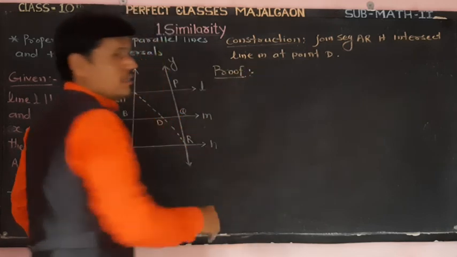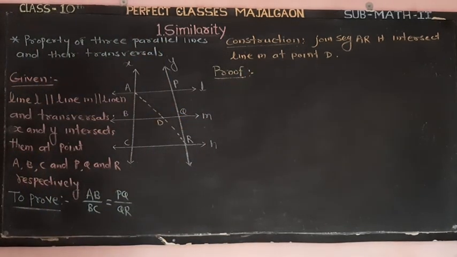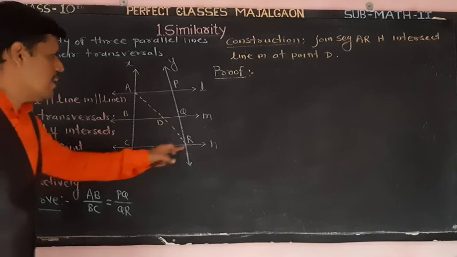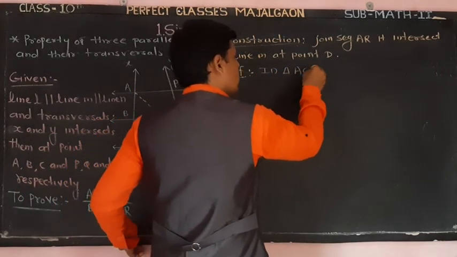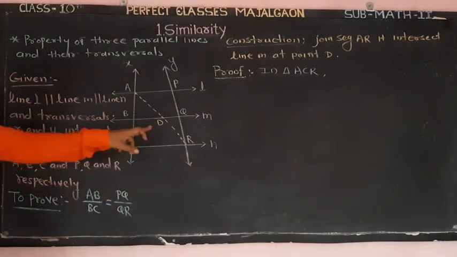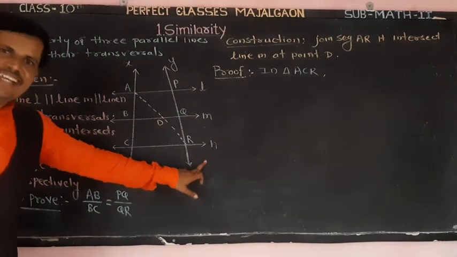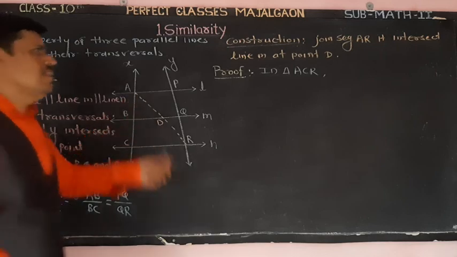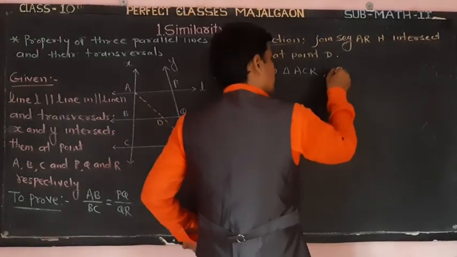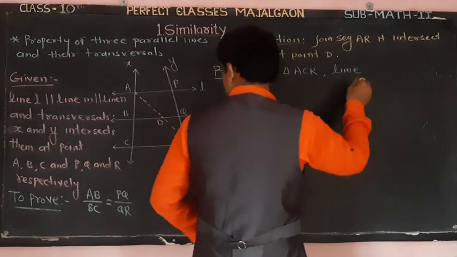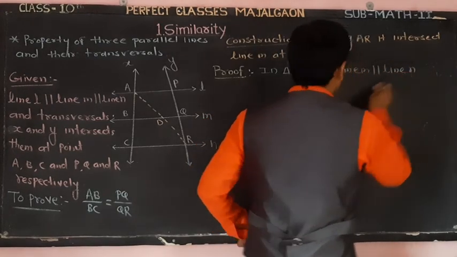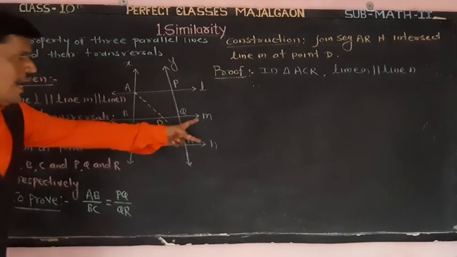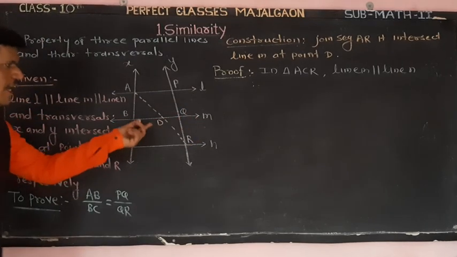Now we see the proof. Here in triangle ACR, line M is parallel to line N. It means that BD is parallel to CR.